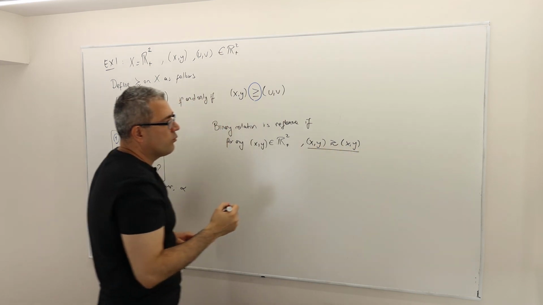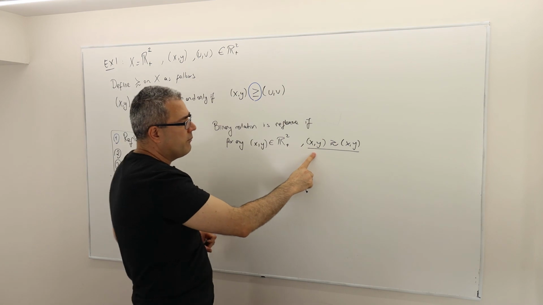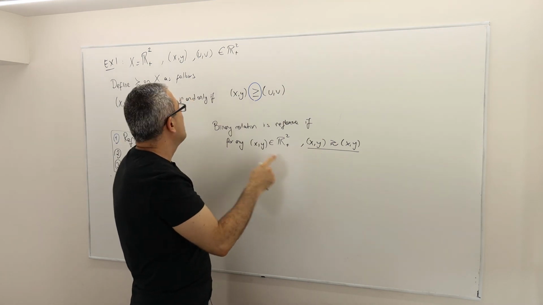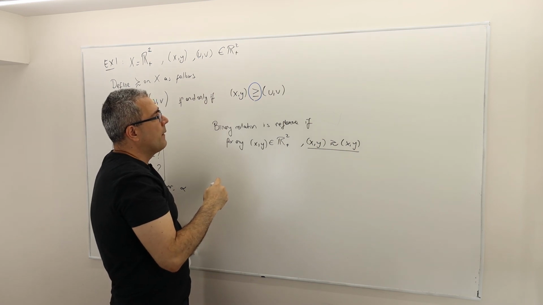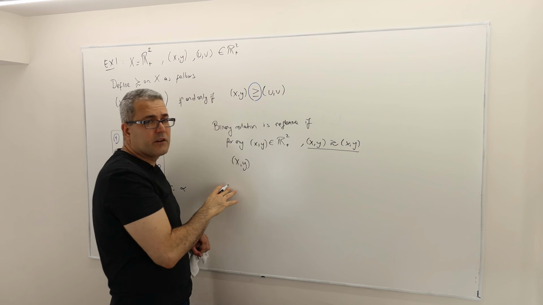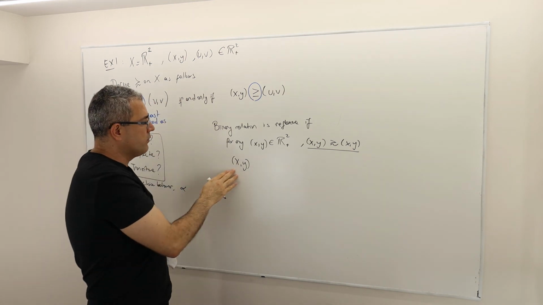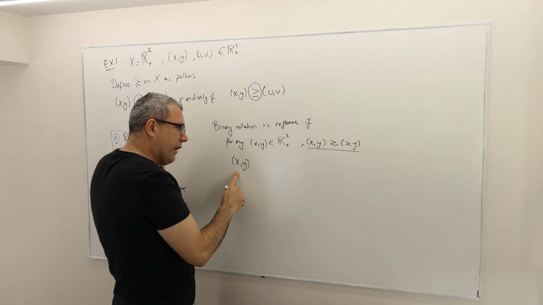Well, this is sort of a direct proof. How do I make sure that this is true? Well, remember, it's if and only if this is true. So let's see. I have xy, some vector, by the way. I don't know what it is. All I know is that they're not negative, right? So this is just a vector.